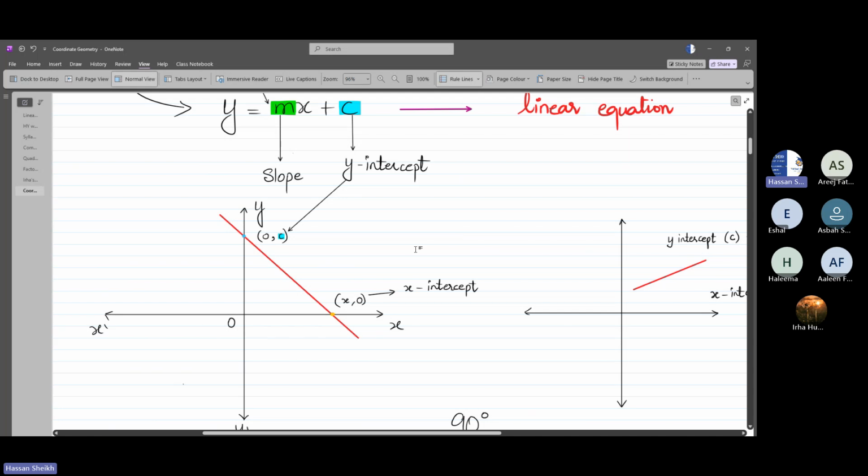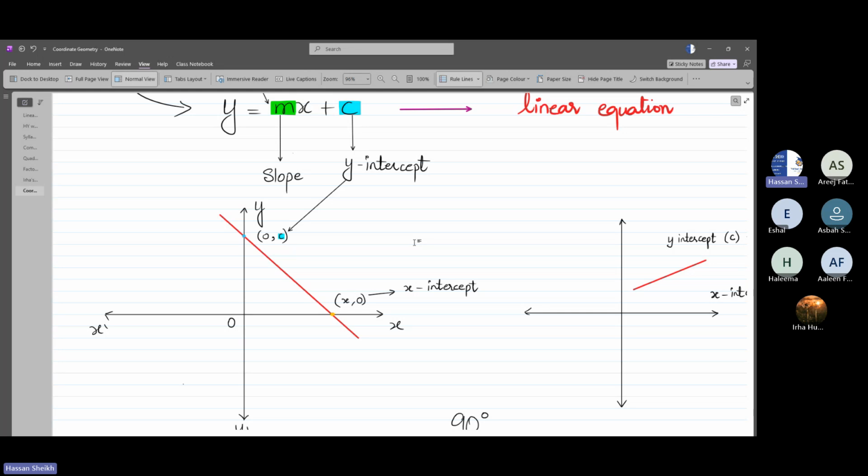Where the line cuts the y-axis, we call it the y-intercept, and where the line cuts the x-axis, we call it the x-intercept. To find the y-intercept, we substitute x as 0, because x coordinates are always 0 on the y-axis.